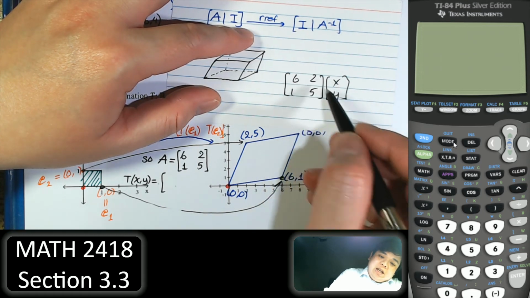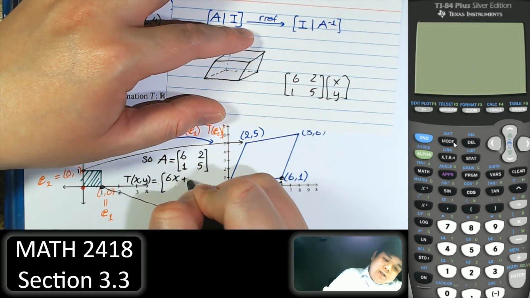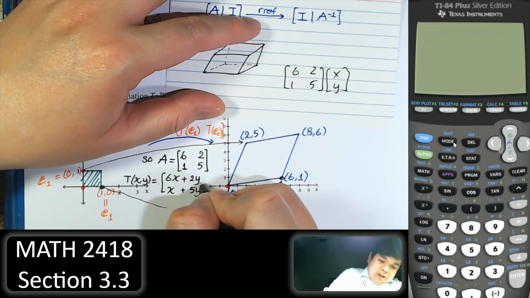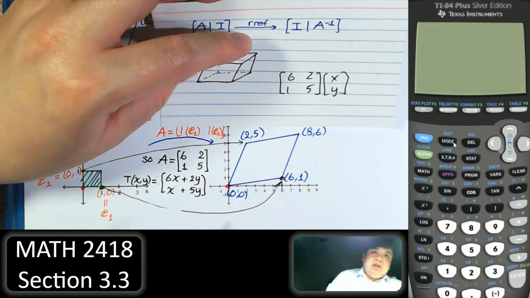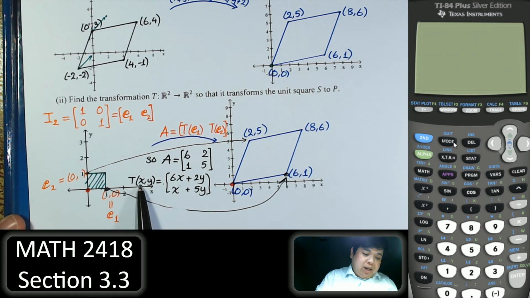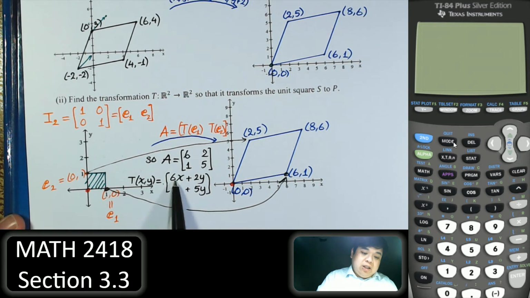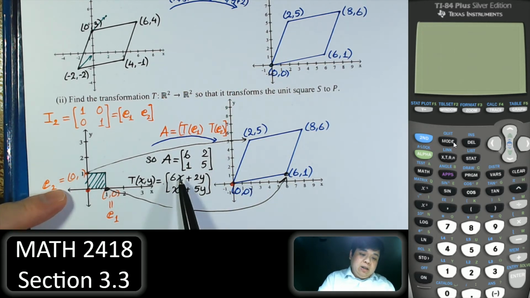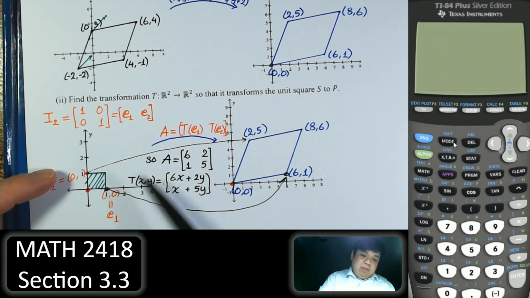Multiplying, that will be 6x plus 2y and x plus 5y. So this is the transformation. We go from xy to 6x plus 2y and x plus 5y. As you see, if we put 0 and 1 here, we have 2 and 5, and so we have the parallelogram.